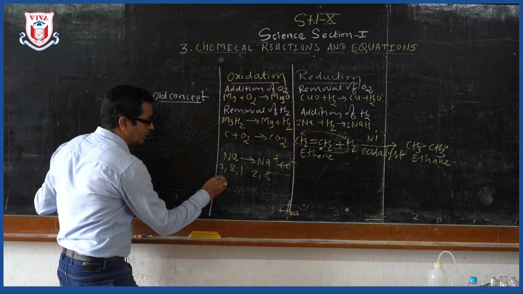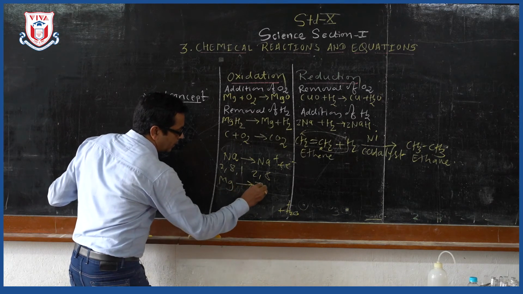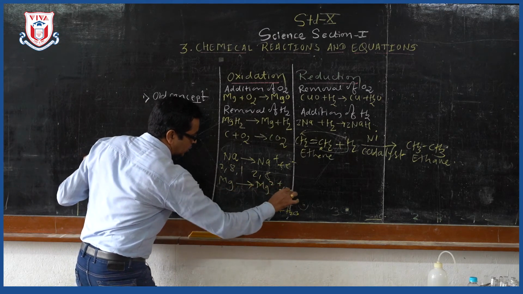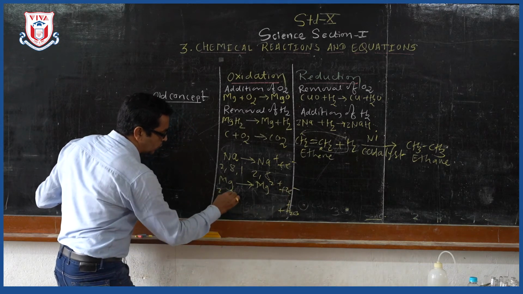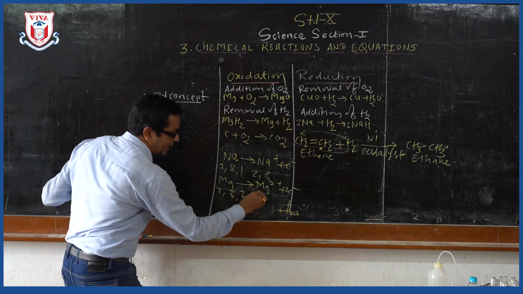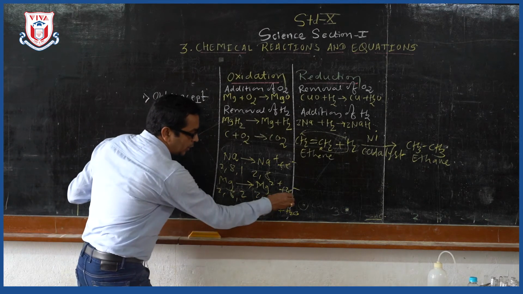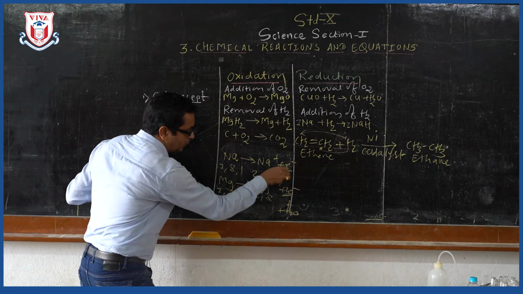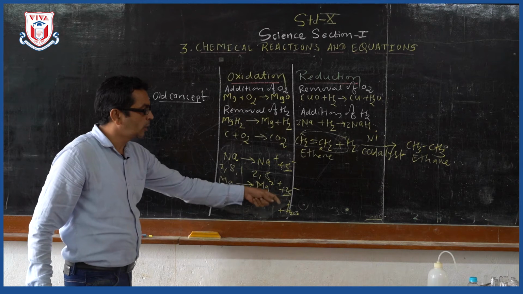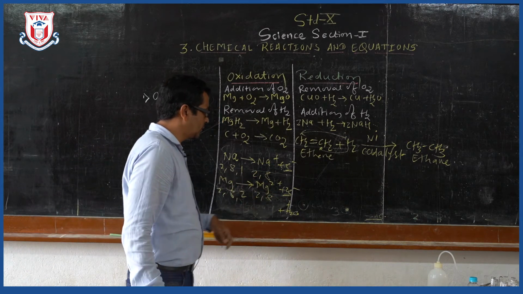I can write here Mg will give you Mg2 plus plus 2 electrons, that is 2, 8 and 2 electrons. It will lose 2 electrons from the outermost shell and will get 2 and 8. So here 2 electrons are lost, and in the previous example, 1 electron is lost. So the process in which one or more than one electron is lost is called oxidation.